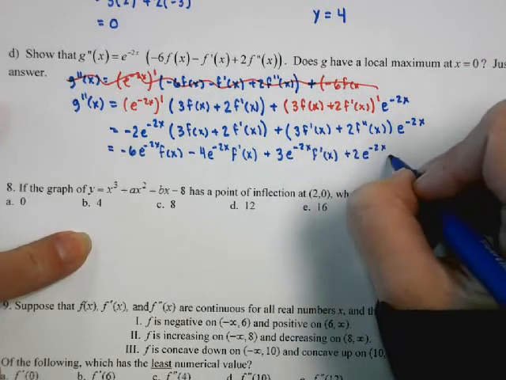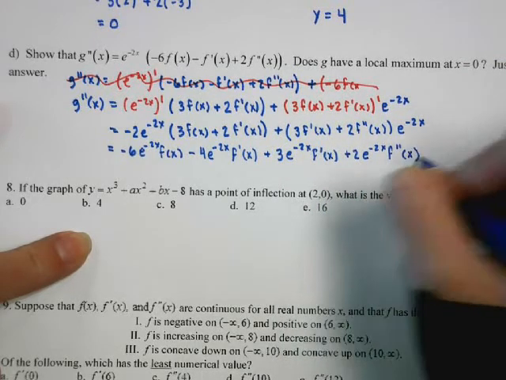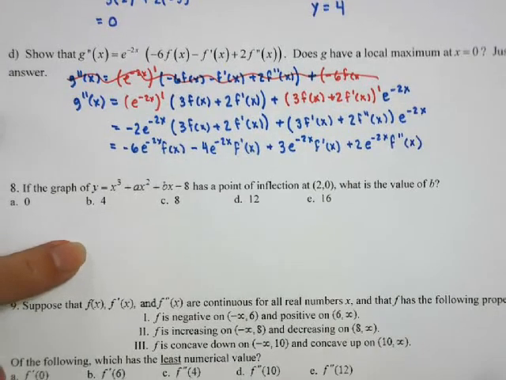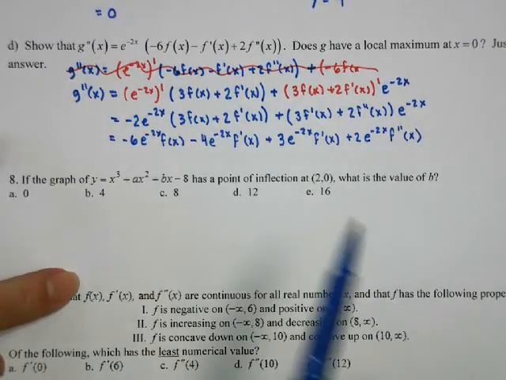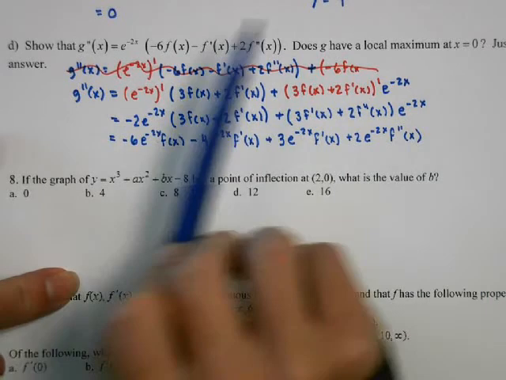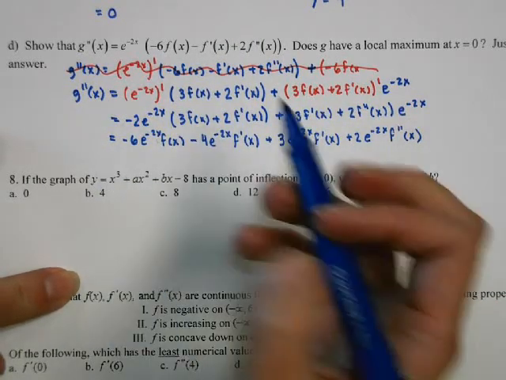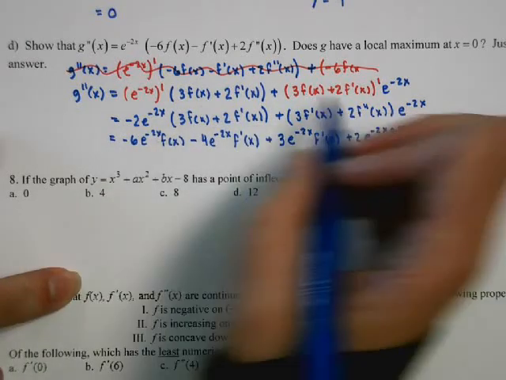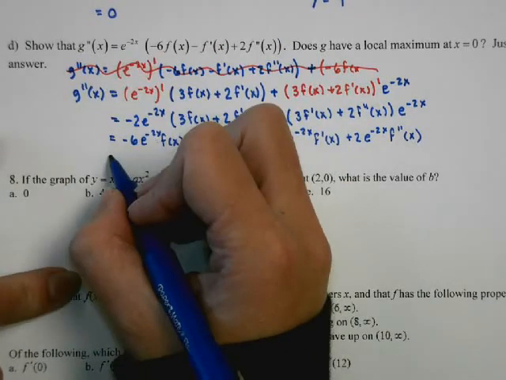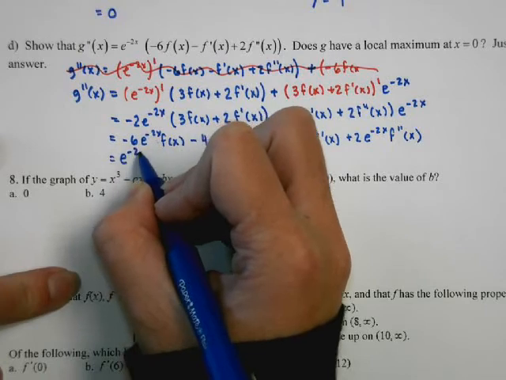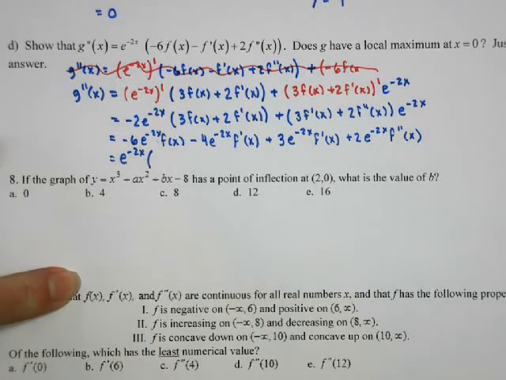So in my next step here, I'm going to factor the e to the negative 2x out of all of them. We could have actually done that from the beginning, but we needed that negative 2 there. So I'm going to pull out the e to the negative 2x and look at what it leaves me. So here, I'm going to have a negative 6 f of x.